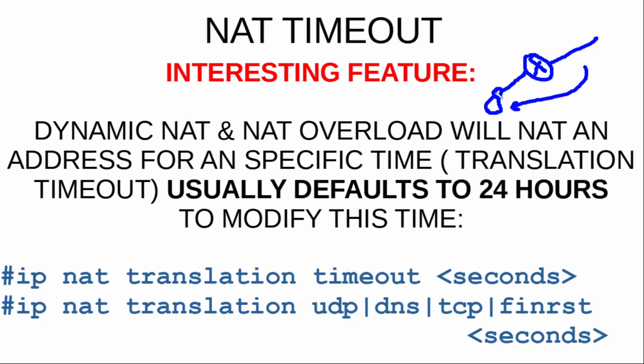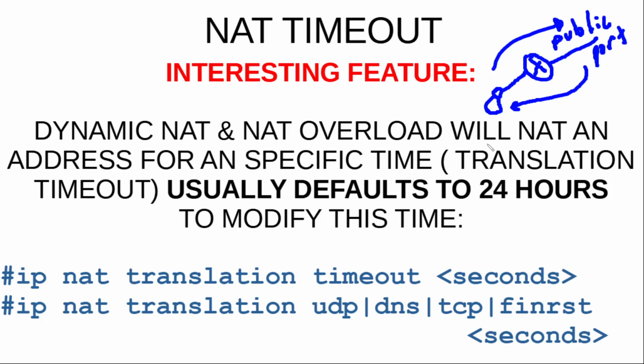So you are going to NAT this user IP into the internet using a public IP address and a certain port, in the case of NAT overload. The question is, how long are you going to keep that resource assigned to this user?